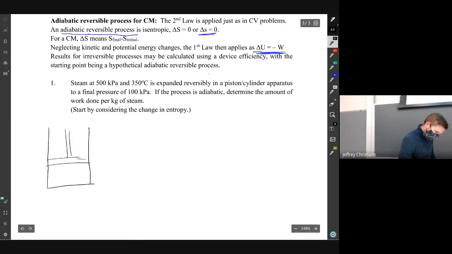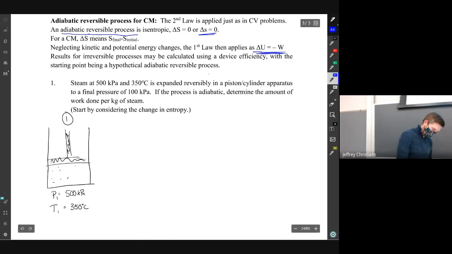We'll draw it like this. Our starting state is 500 kPa. Our starting temperature is 350.